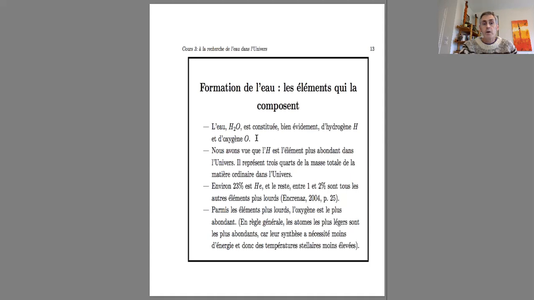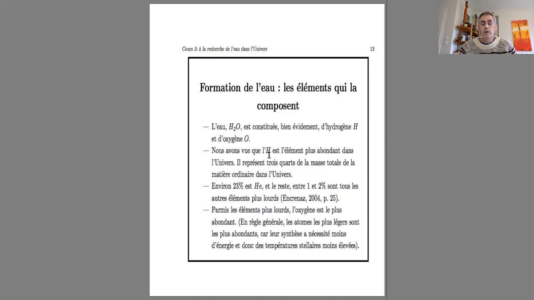So water has the chemical formula H2O. So it's built from hydrogen atoms and oxygen atoms, obviously. We've said that hydrogen is the most abundant atom or element in the universe.